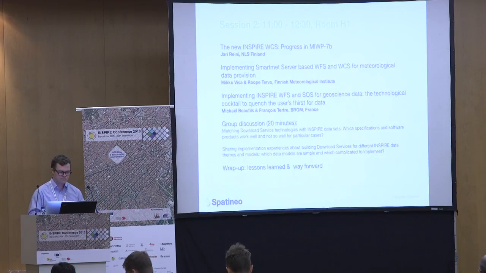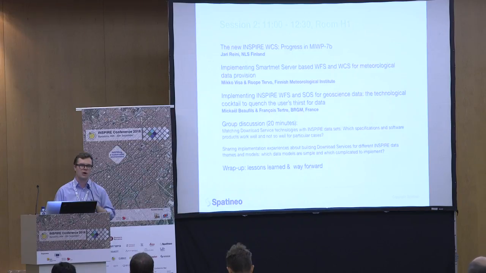And the other question could be about, for example, the themes and the data models. Do you think that the current data models in the data specifications are imposing some difficulties when you're using certain technologies, for example?